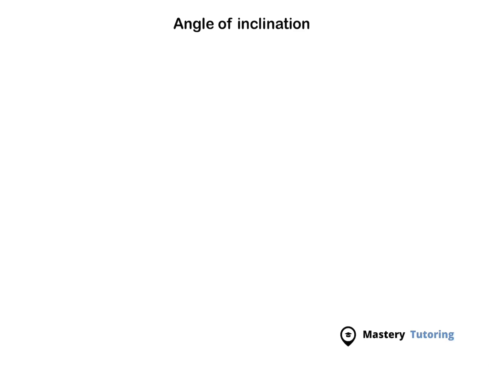When somebody talks about the angle of inclination, they are talking about the angle that the line makes with the positive x-axis. So this is in reference to straight lines. So let's define it properly here.